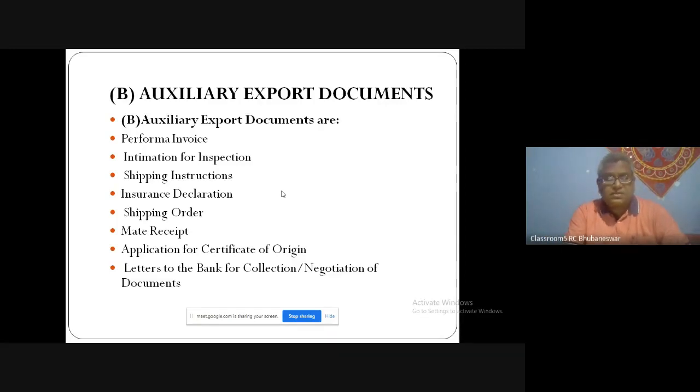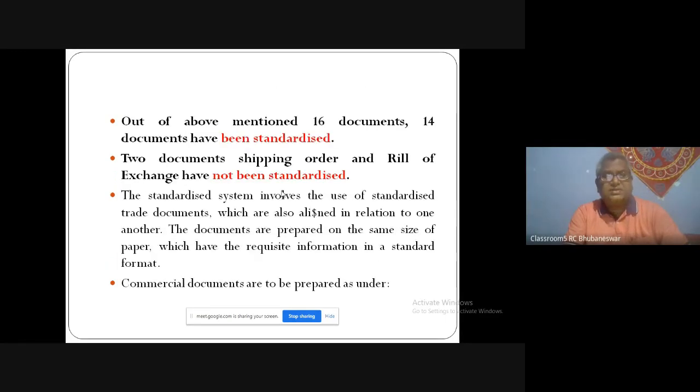And application of origin, similar to bank collection negotiation documents. Out of these 16 documents, 14 documents are standardized, which means required. The other documents are not standardized, which means not required at the time of exporting the goods.